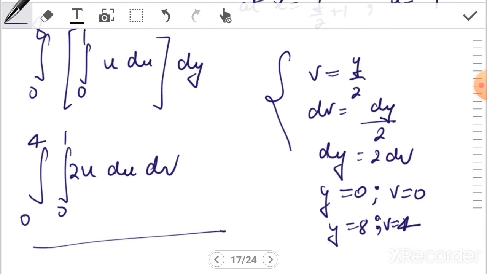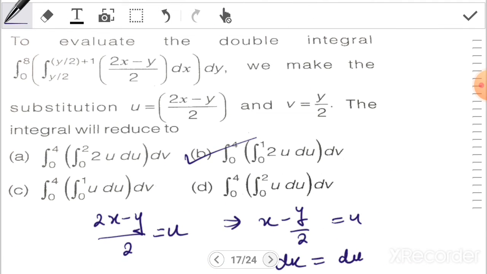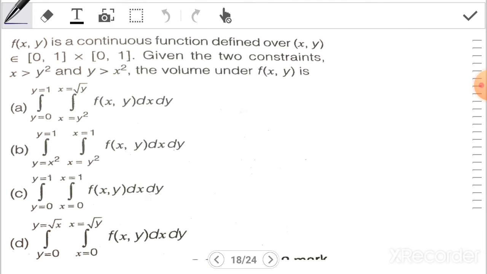Now let us go to the next problem. f(x, y) is a continuous function defined over (x, y) belonging to 0 and 1, 0 and 1, given the two constraints x is greater than y square and y is greater than x square.